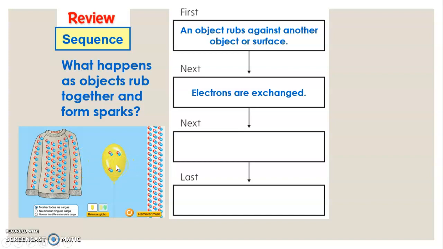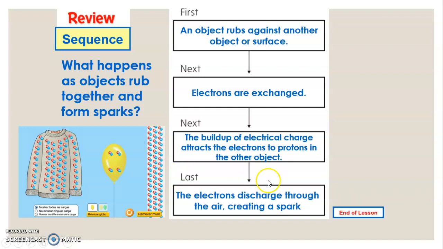And then, the buildup of electrical charge attracts the electrons to protons in the other object, because remember that the positive attracts the negative charge. So here you have in the drawing the electrons. The electrons are represented with the minus sign, and the protons are represented with the addition sign. And what happened at the end? So at the end, the electrons discharge through the air, creating a spark, una chispa.